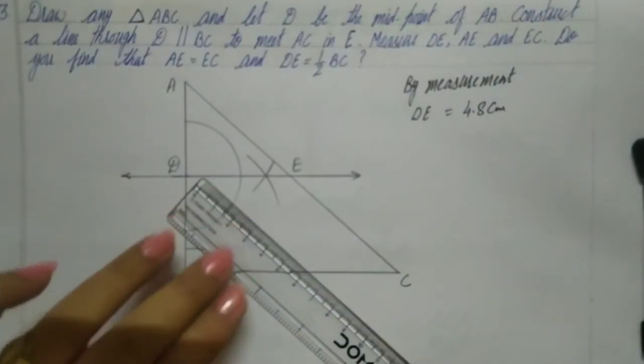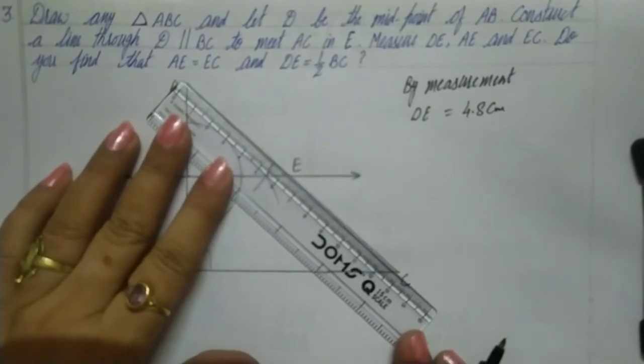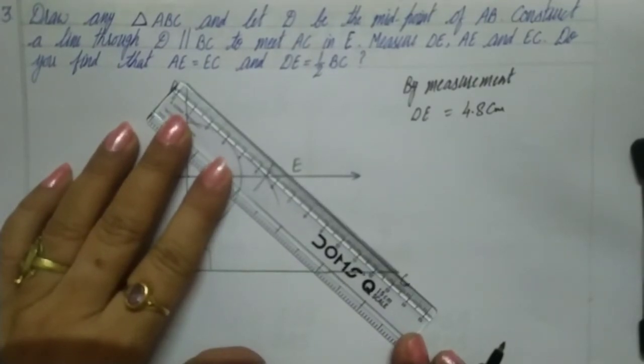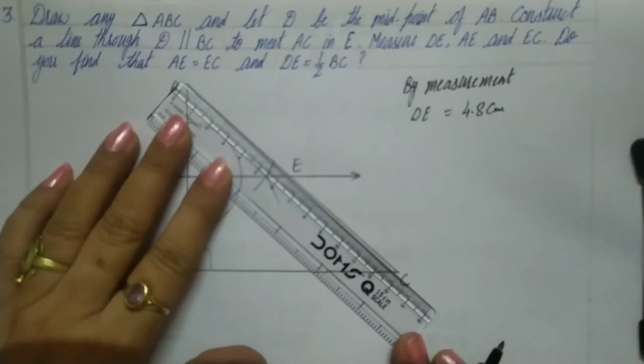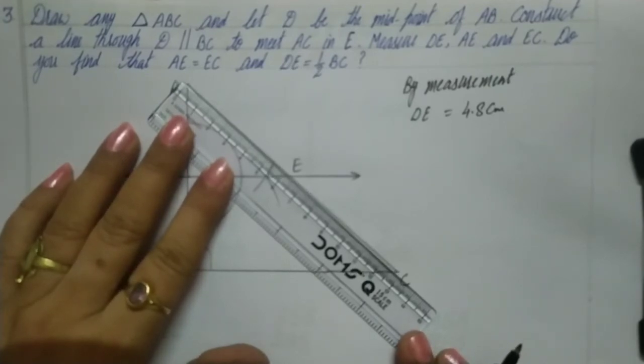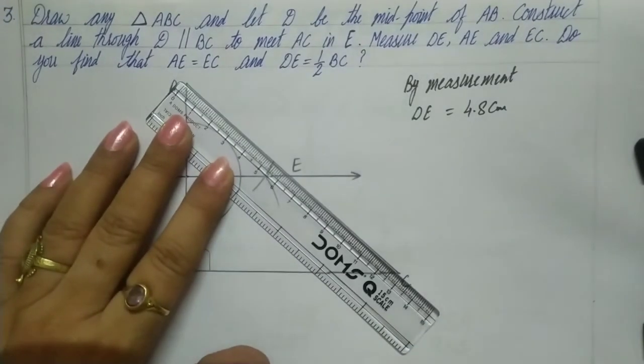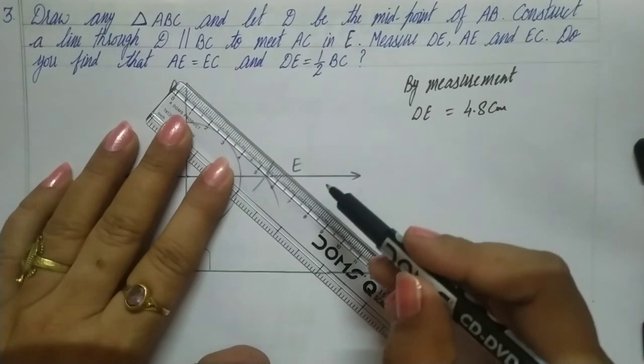Now we have to measure AE and EC as well. This is 6.3.